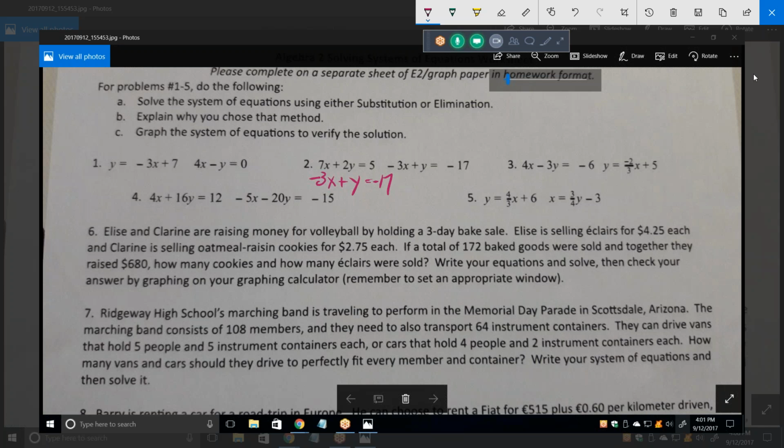Okay? Label that equation 1, label that equation 2. Now, our goal is going to be, as the name suggests, elimination. We're going to try to eliminate a variable by adding or subtracting these equations.